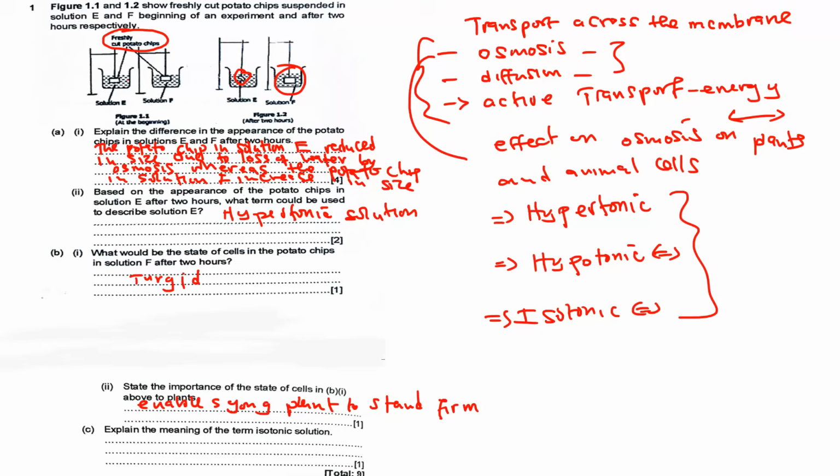Then explain the meaning of the term isotonic solution. From my earlier explanation, I've already explained. An isotonic solution is one that has equal concentration to that inside the cell. That is what you call an isotonic solution.